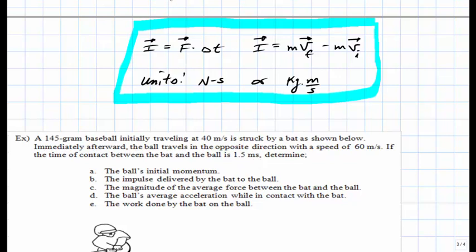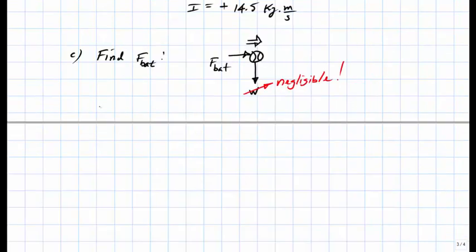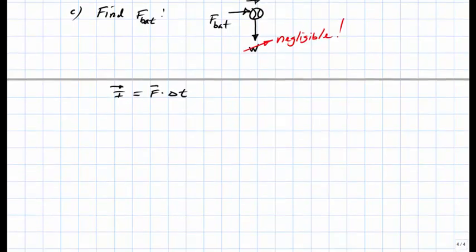Let's apply this equation. So, impulse just equals, in this case, force, average force, times the change in time. The impulse was derived as 14.5. We're looking for the average force, and the contact time is 1.5 milliseconds.